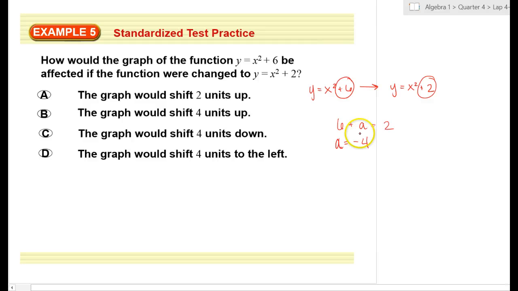So if I subtract 4 to get from my first equation to my second, then that means that the graph would shift 4 units down. Because my graph moved from y equals x squared plus 6 to y equals x squared plus 2. It was moved down.